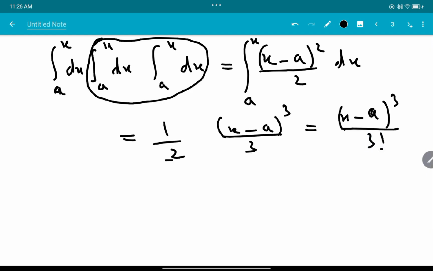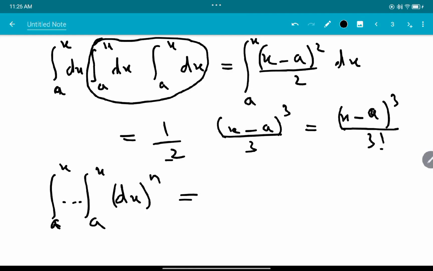It is now quite easy for you to see what this will be equal to: the integral from a to x, n times, of dx^n. Naturally, since you are integrating n times, you will get (x - a)^n divided by n factorial. We will be using this result now.